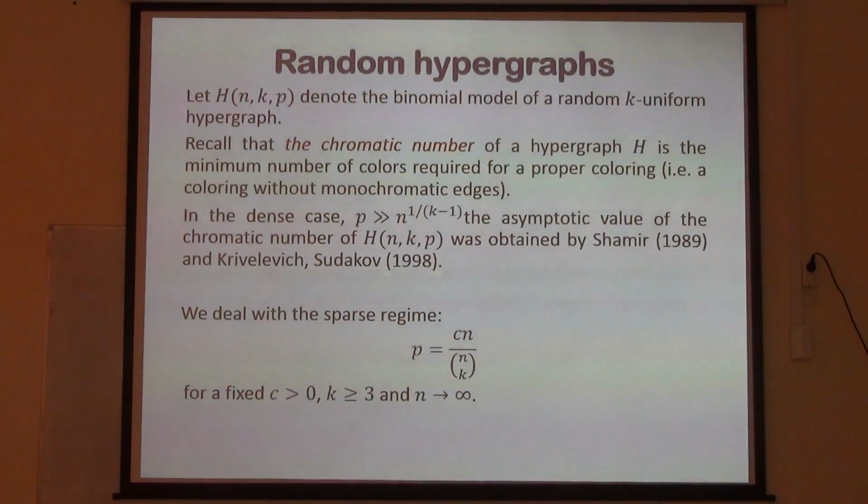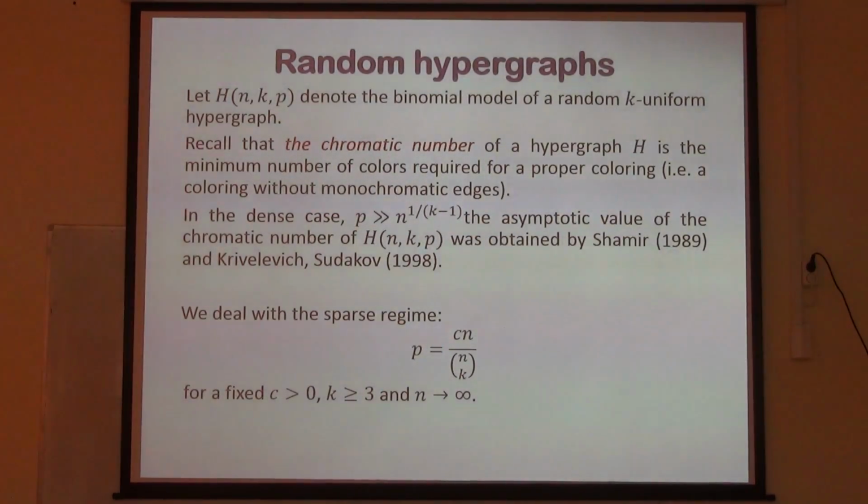Now we consider random hypergraphs, so this is the main topic of the talk. Let H(n,k,p) denote the random model over random k-uniform hypergraphs. We have n vertices, and every k-subset is included as an edge with probability p independently from each other.